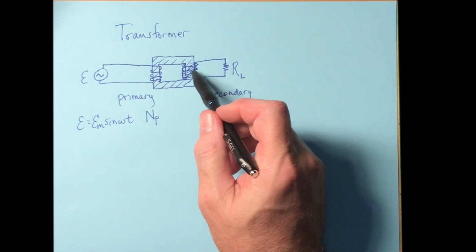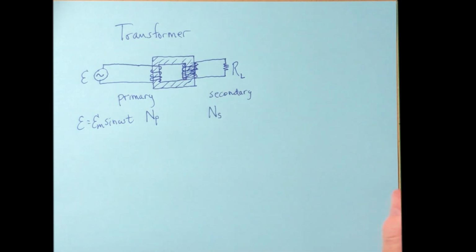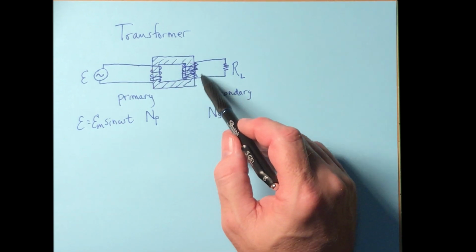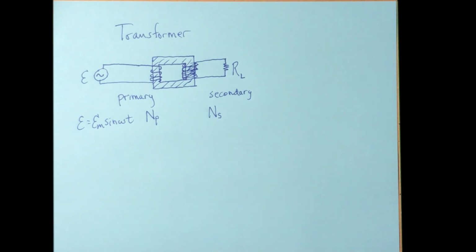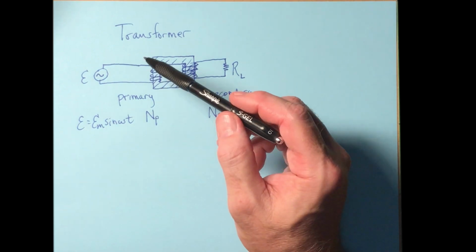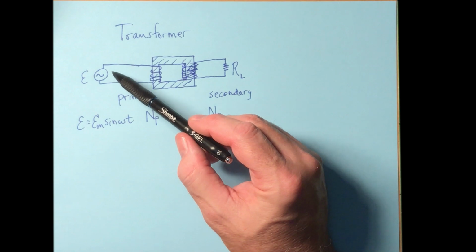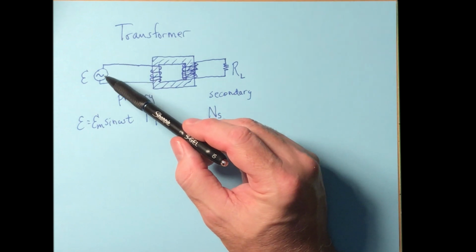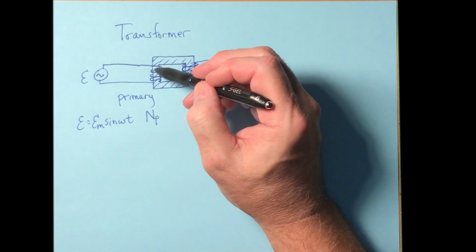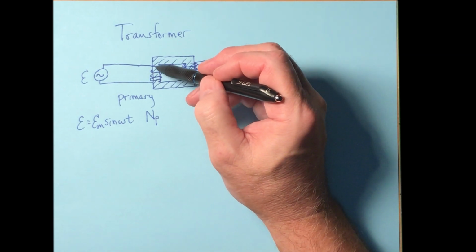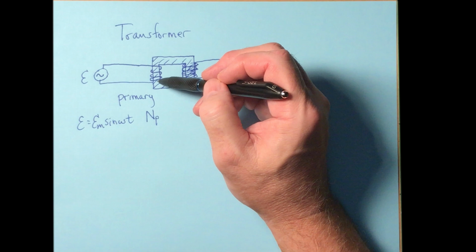So we're once again assuming that our wires themselves have no resistance, or we're just interested in what's happening inside this device here, inside the transformer. Okay, well, think about this. This is an oscillating voltage source, so it's going to create an oscillating current. And this is a coil wrapped around an iron core.